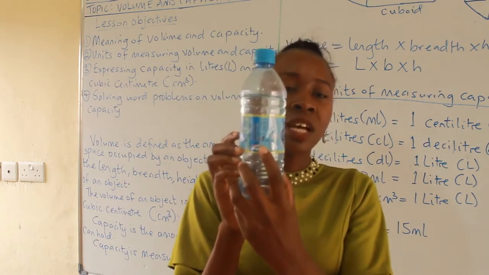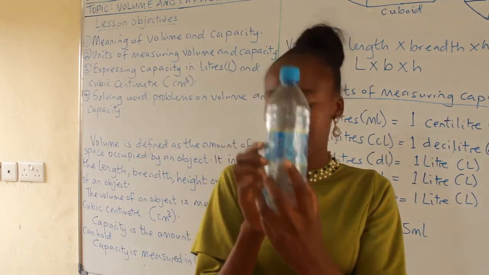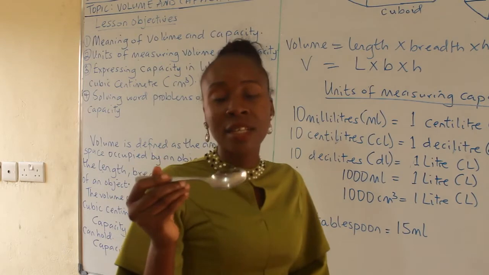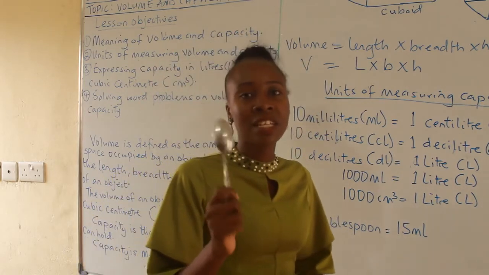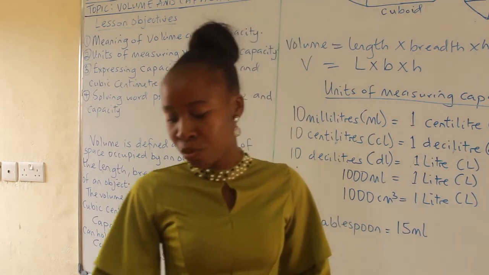The capacity of this table water bottle is 50 cl. And the capacity of a standard tablespoon is 15 milliliters. That's the capacity of a standard tablespoon.